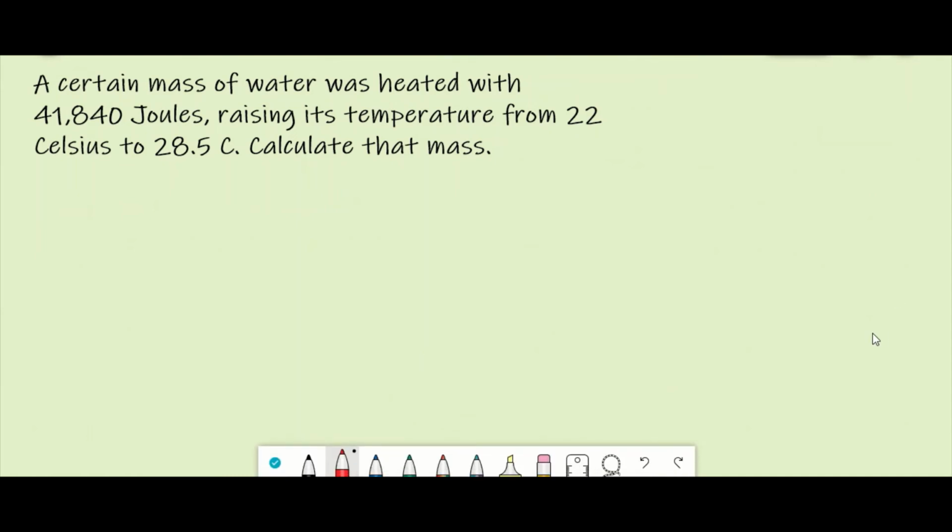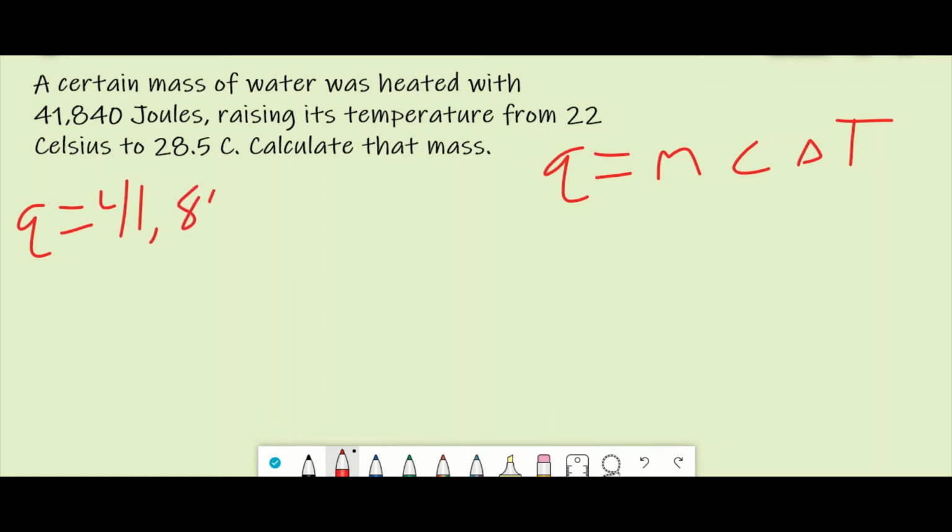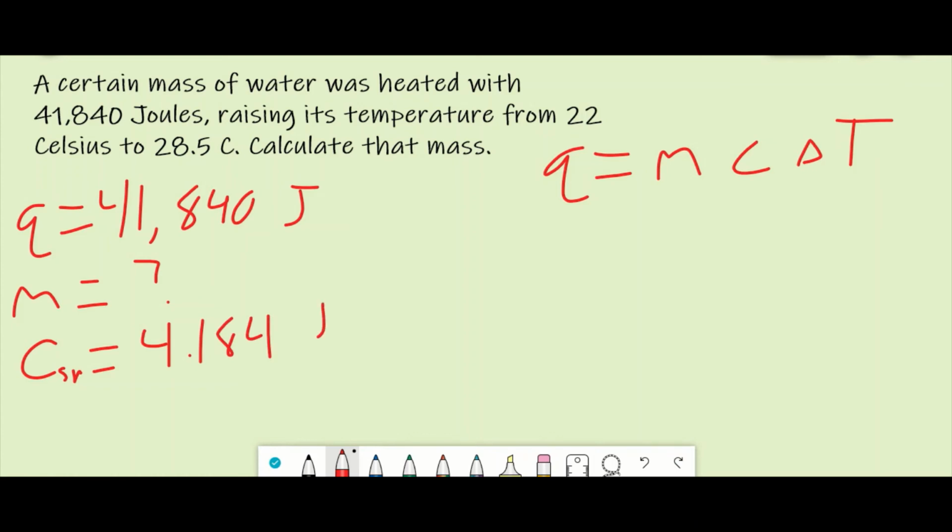So let me write out everything we know here. Remember the equation we're going to use, I'm going to put it right here: Q equals mc delta T. Q in this case is 41,840 joules. We don't know M, so we're going to put a question mark for M. Then we know the C of water is 4.184 joules per gram Celsius.